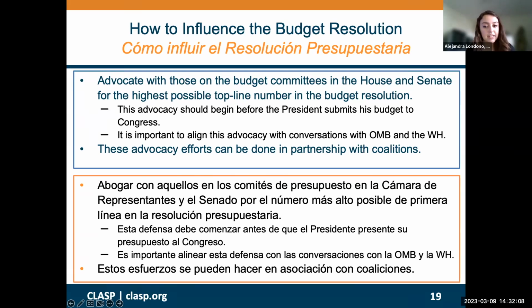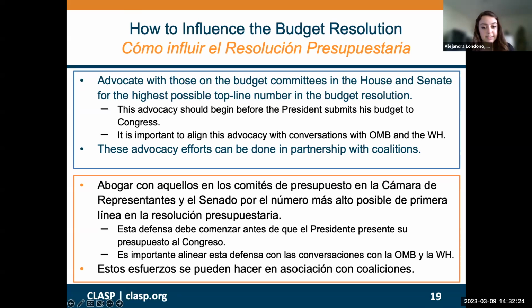This advocacy should begin before the president submits his budget to Congress. And it is very important to align these advocacy conversations with the Office of Management and Budget, as well as the White House.